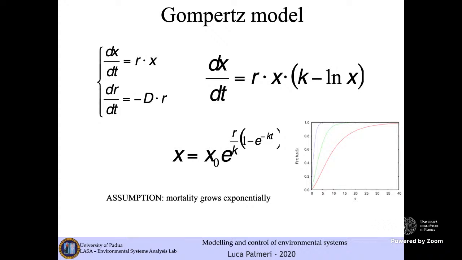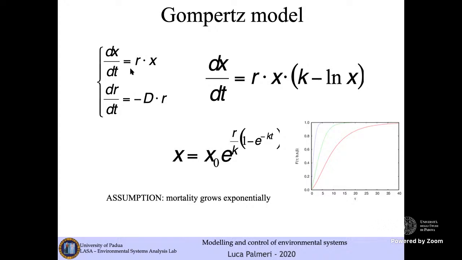A very well-known model is the Gompertz model, in which we start with an exponential Malthusian growth, and in which we make the growth rate depend exponentially on a function, on a coefficient that may be describing the mortality of the animal.